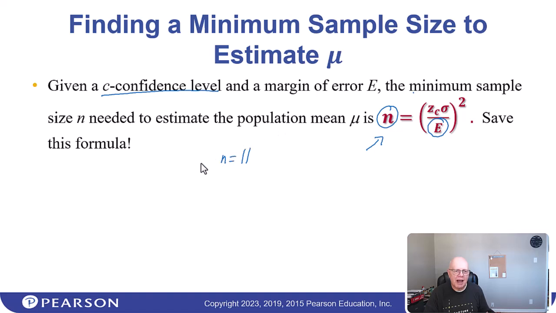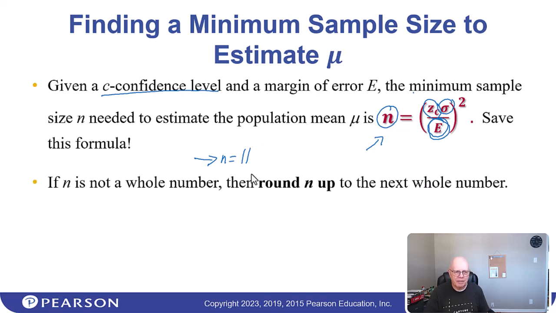Now, to figure out how many of those we need, remember, we know the population standard deviation. From the confidence level, we know this. We know the maximum error we can accept. Put those together, and we can find out what the sample size is that we need.